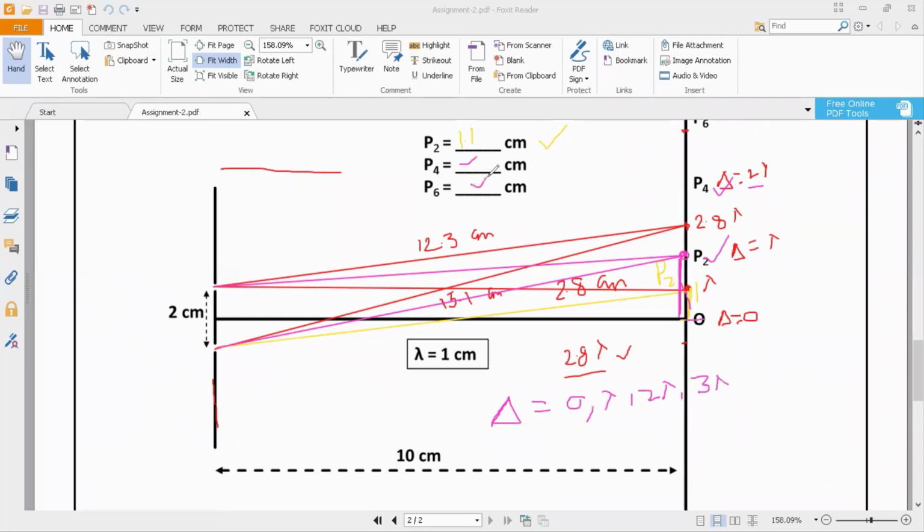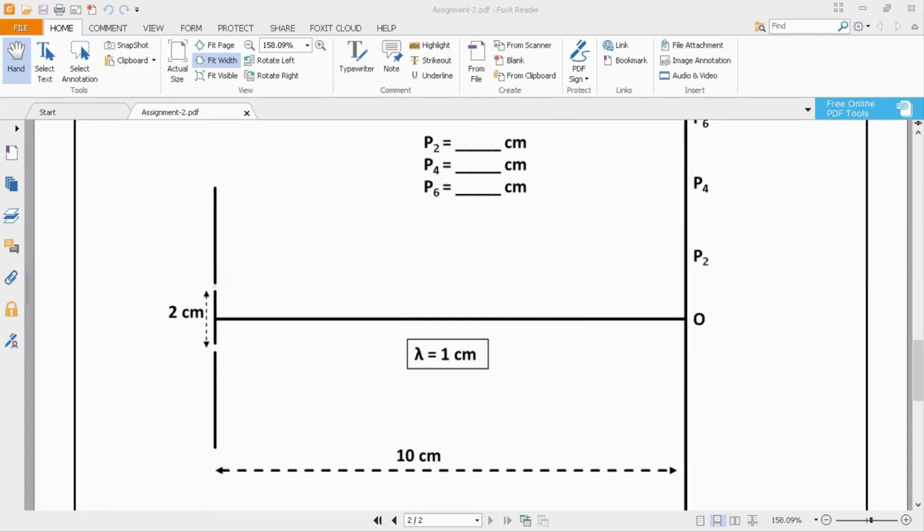So those heights you have to find. Here lambda is 1 centimeter. Just simply, I have taken this length from here to here as 1 centimeter, so lambda is equal to 1 centimeter. Like this, you have to do this assignment.